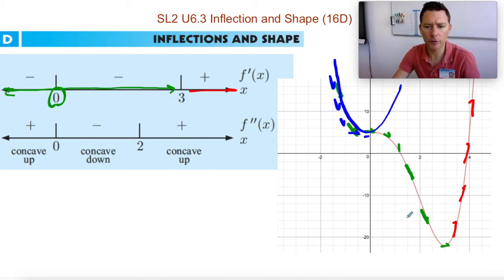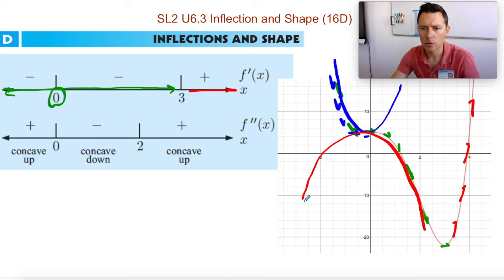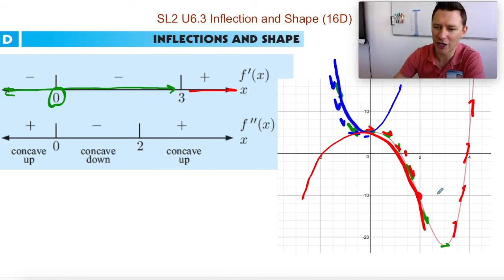From 0 to 2, from here to here, it's concave down, which means it could be modeled sort of like this, where the slopes were at 0, and now they're getting more and more negative, going down, down, down. And at this point, they take a break. They're like, all right, I'm sick of being negative. Let's change life up.